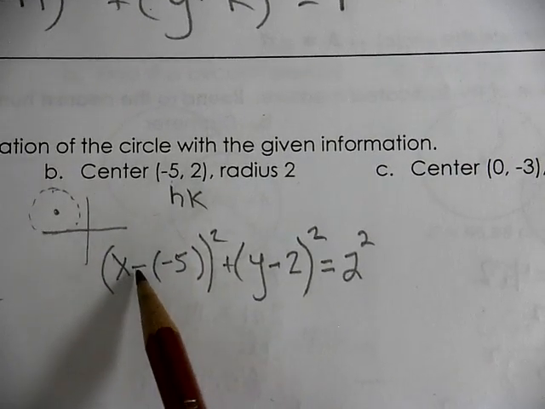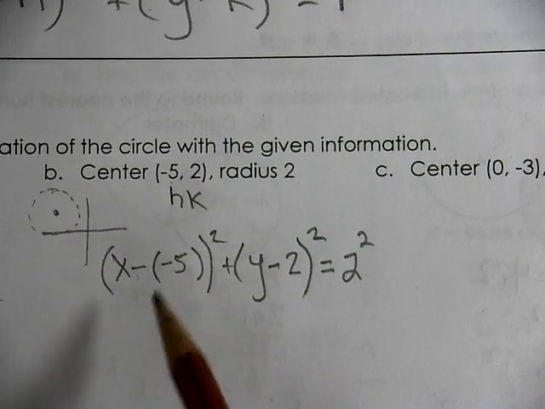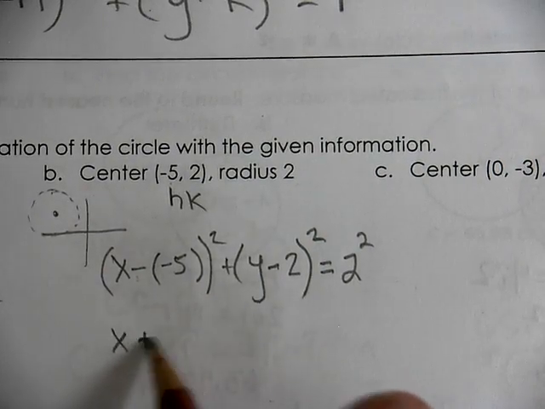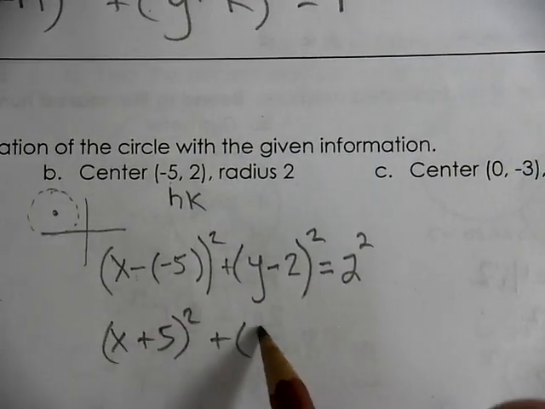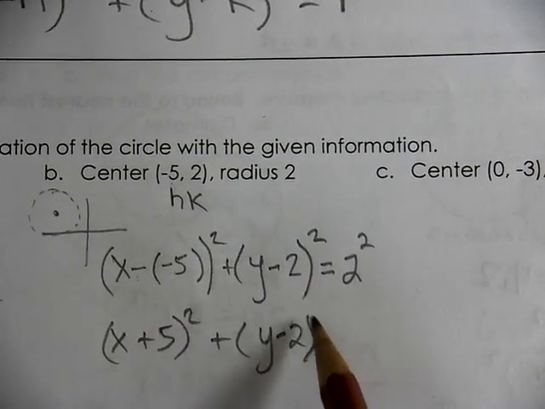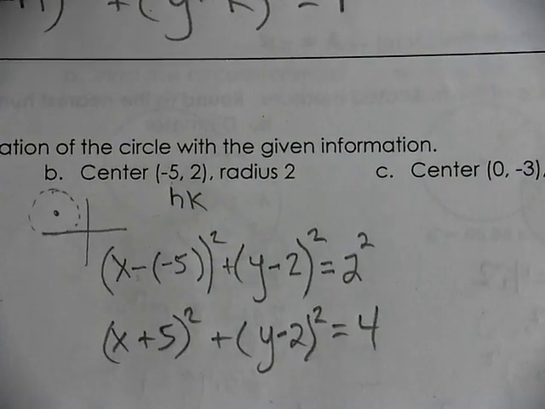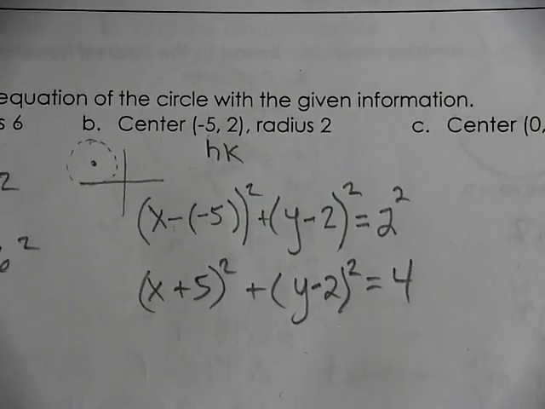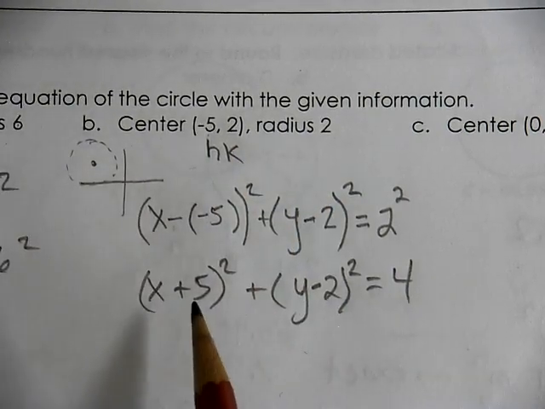Now this is going to become minus a negative, which is actually a positive. So x plus 5 quantity squared and y minus 2 quantity squared equals 4. That has a center at negative 5 and a radius of 2.